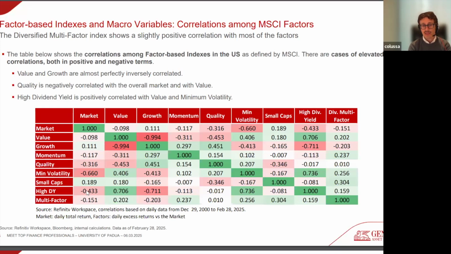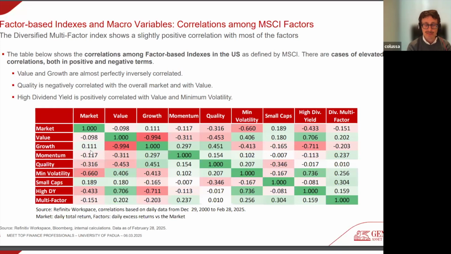Sometimes minimum volatility is, by construction, quite negative because it's focused on defensive names, the ones that show a beta smaller than the market. So basically the ones that tend to fall less when the market declines. So it is quite expected that it is a big number, but on average, the other ones are quite close to zero.